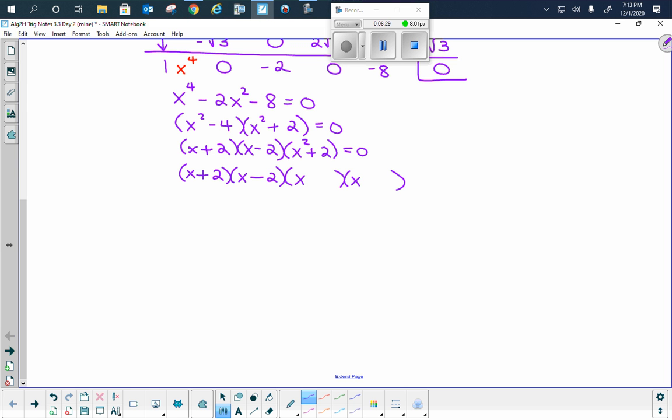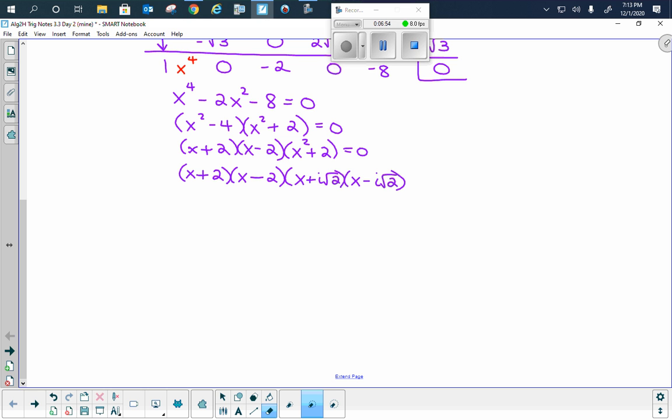The square root of 2 is the square root of 2. One's plus, and it has to have an i, and one's minus, and it has to have an i. Multiply those back out. Prove it to yourself. The i is what will change that sign and get you the x squared plus 2. So it's almost like difference of perfect squares, but it has to have an i in it.